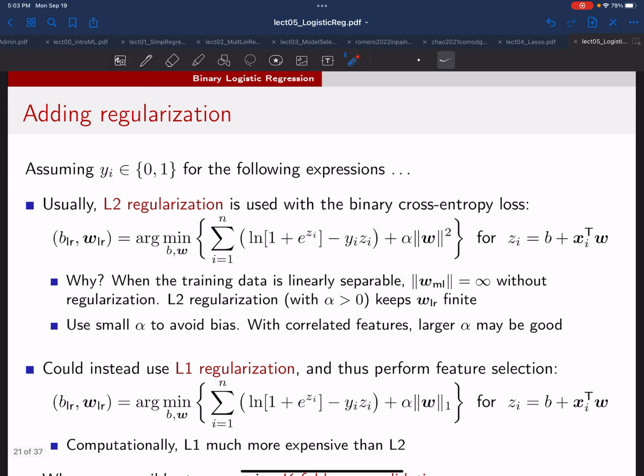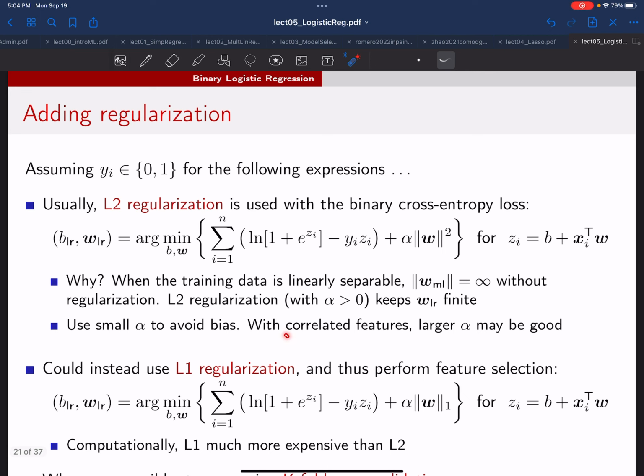By default, sklearn includes this in the optimization in its implementation. So you might then ask, how do we choose alpha? If you want to avoid bias, because as we know, a really large regularization strength squeezes your coefficients towards the origin, you don't want to overdo it. Maybe you just want to use a tiny number for alpha to prevent this infinite solution.